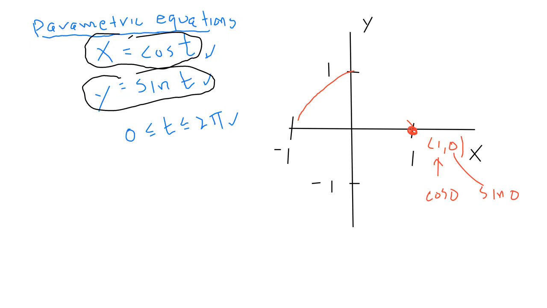So you let t vary, and you're going to trace out a circle going in this direction.